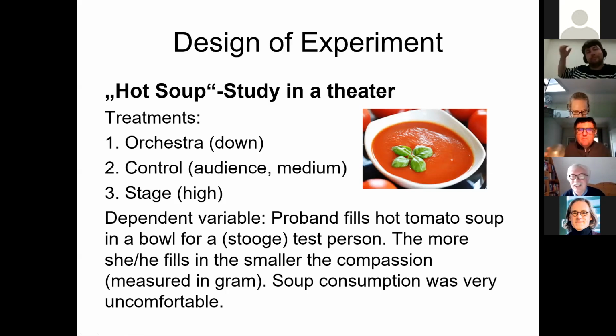So he could say in milligrams how much tomato soup the subject gave to the stooge person, and this was a measure of pro-sociality.